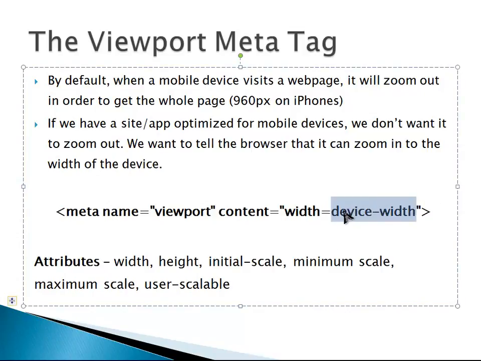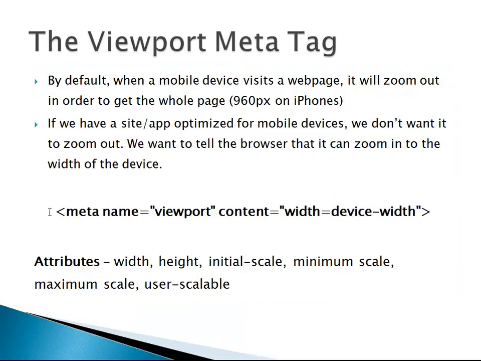So whatever the iPhone width, or if you have an Android phone, it'll be set to that width. So it's pretty important in mobile development. These are some of the attributes that this tag has: width, height, initial-scale, minimum-scale, maximum-scale, and user-scalable. So pretty much if the user is able to zoom in and zoom out with their finger.